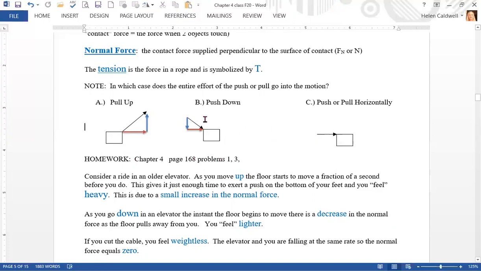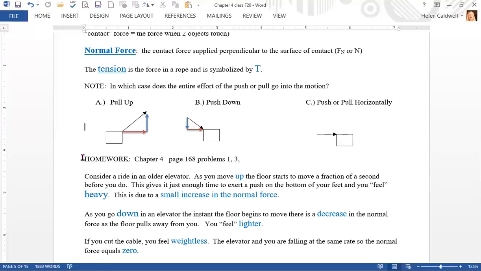If all three black arrows are exactly the same, the horizontal push or pull is the one that's going to utilize every bit of your effort into moving the object. In class, I normally talk about having watched a strongman competition on television where grown men were pulling buses using their teeth. They had a chain connected to the bus and a mouth guard in their mouth.